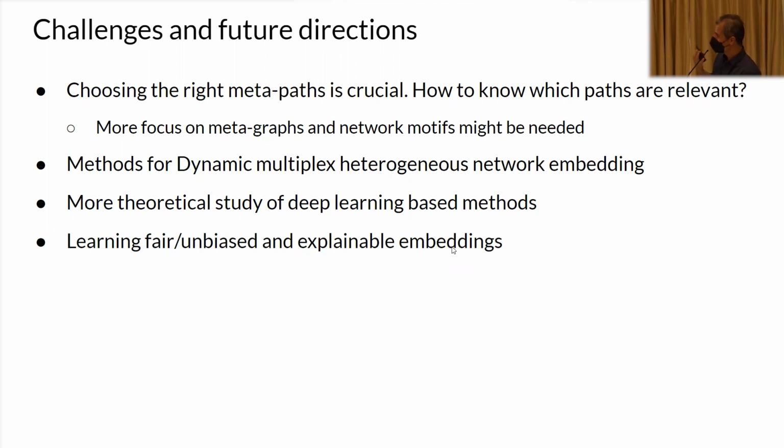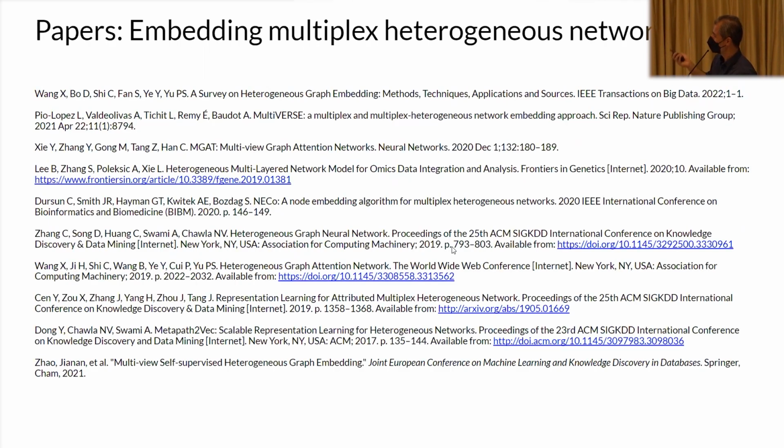And if you don't have enough sample data, you might build a biased network, maybe biased to different race or different sexual orientation. So learning them in a fair manner is also an important future direction. These are the papers that I cited in the slides.